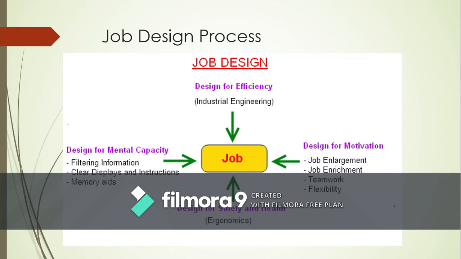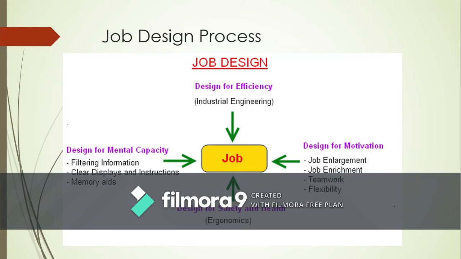So if you understand thoroughly through these four things, then only can you perform the job in an industrial setup. So job design is an important concept in both product and service oriented organizations so that job efficiency can be achieved.